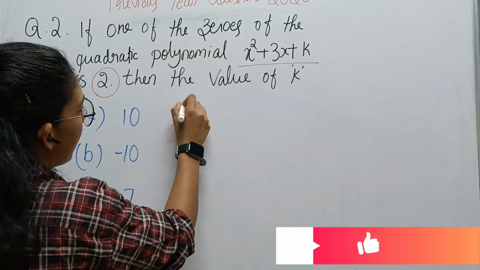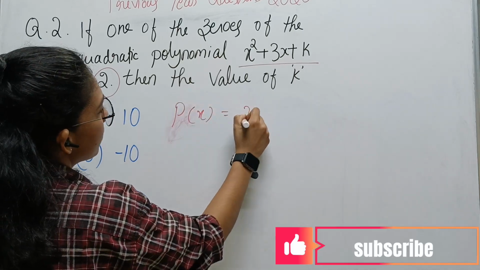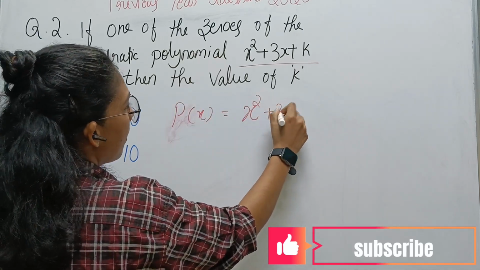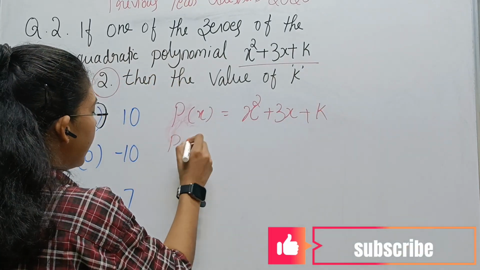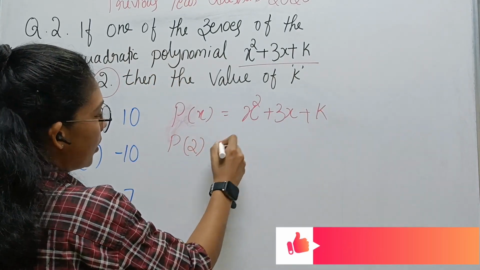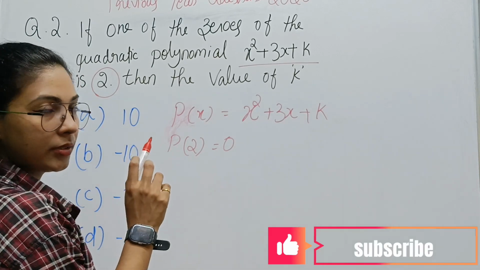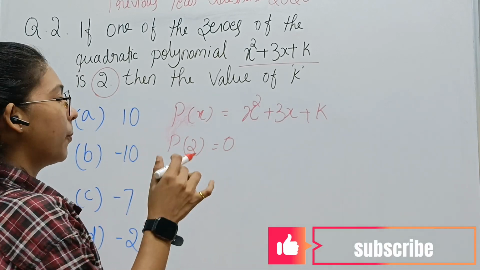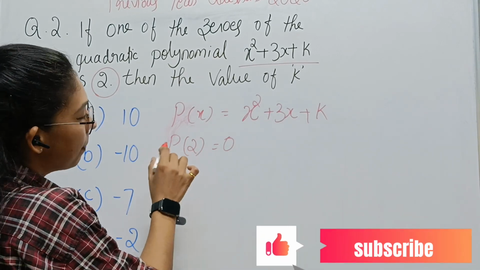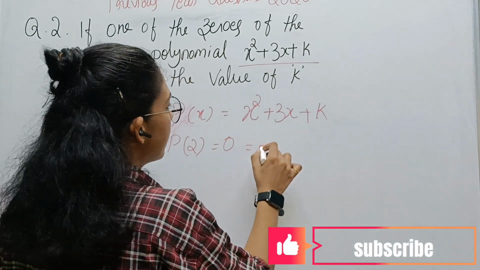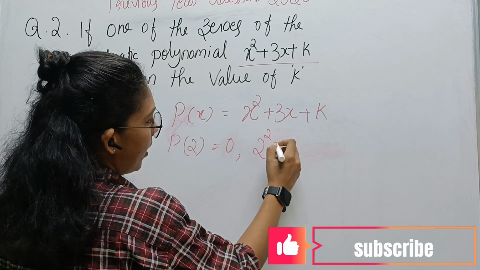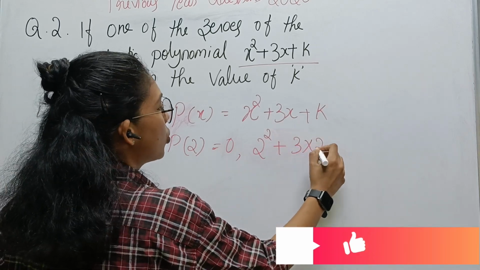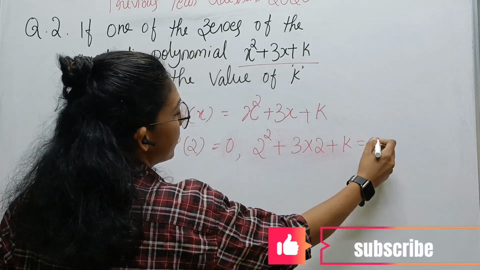Let p of x be equal to x square plus 3x plus k. Since 2 is the zero of the polynomial, p of 2 is equal to 0, which gives 2 square plus 3 times 2 plus k equal to 0.